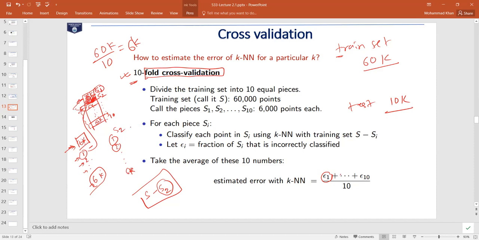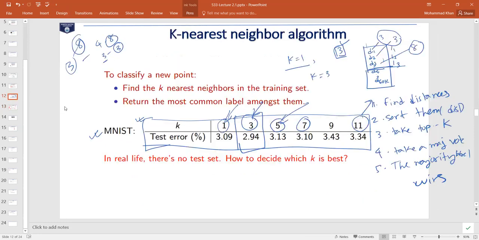Then again we find another error rate, error rate 2. We'll do that for all the pieces and take an average. So this will be the error rate for the KNN algorithm for different K. That's how we get the values for these K values: this is 1 NN, this is 3 NN, this is 5 NN, this is 7 NN, and basically we find these error values using tenfold cross-validation.